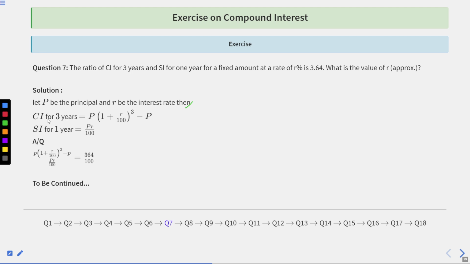Then CI, compound interest for 3 years, is given by P times (1 plus R upon 100) whole cube minus P. And the simple interest for 1 year is equal to P into R upon 100. So according to the question, P times ((1 plus R upon 100) whole cube minus 1) upon PR upon 100 is equal to 364 upon 100.